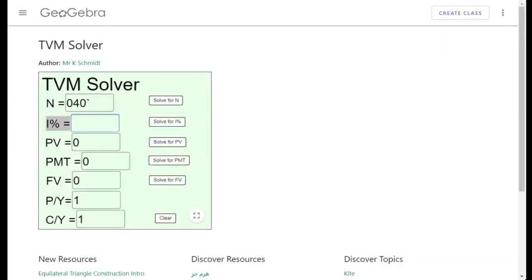We had a 6, we write that as a percent. PV we're going to have is negative 500,000. This is what we're looking for. FV is 0. Both of these are 1. There's only one withdrawal a year.